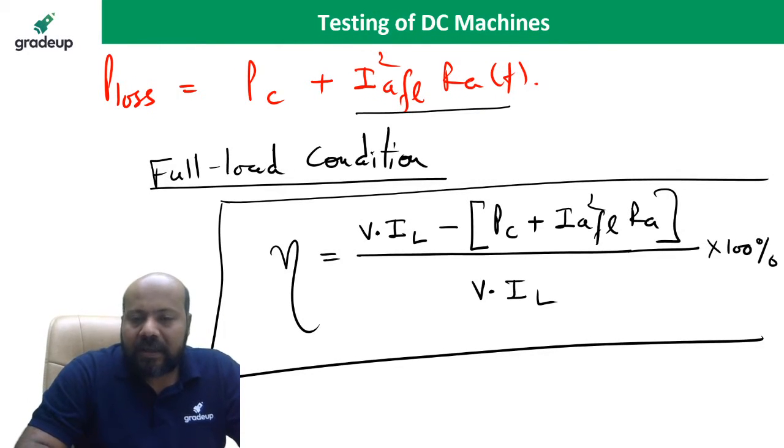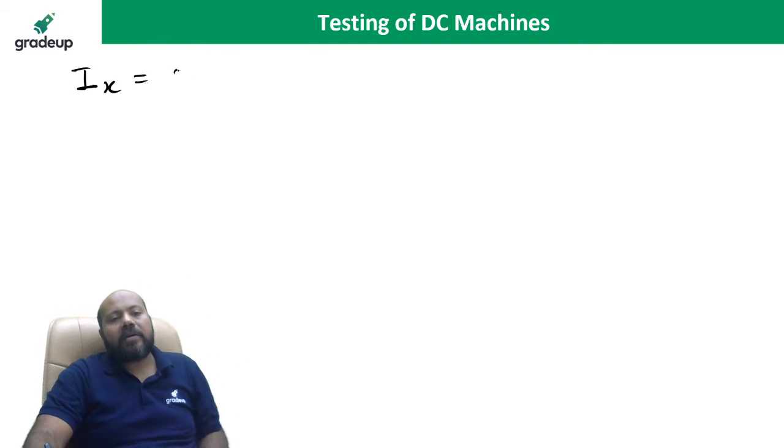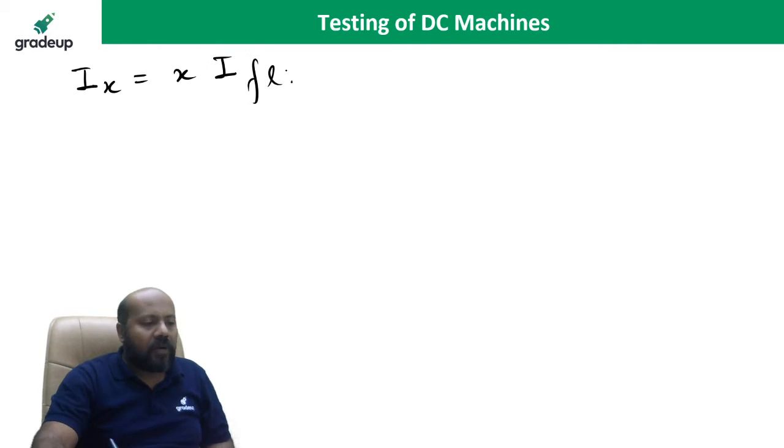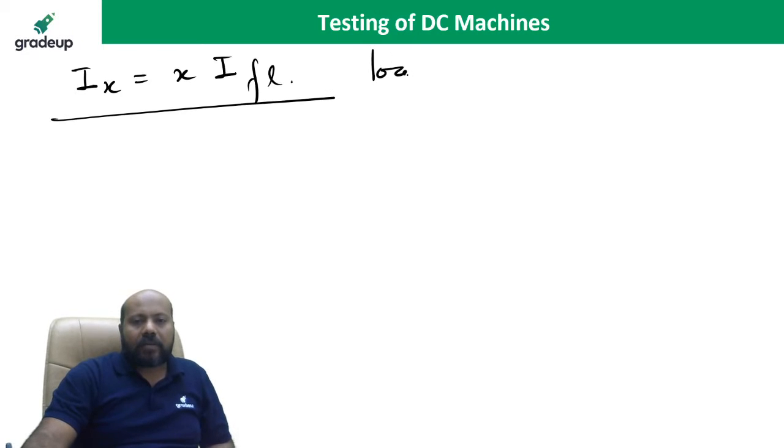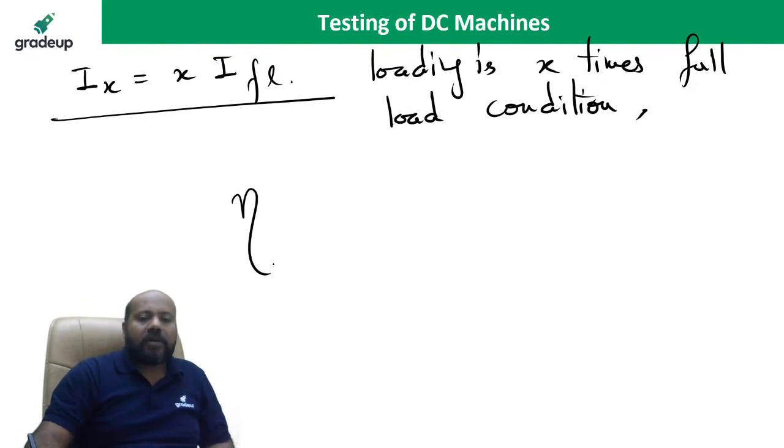But when we were discussing the Swinburne test, we said that you can find the efficiency at any load condition. Now suppose you want to calculate the efficiency when this current is X times the full load current. We are talking about armature current. It means loading is X times the full load condition. Then how are you going to find the efficiency?